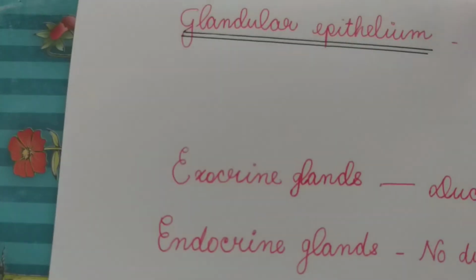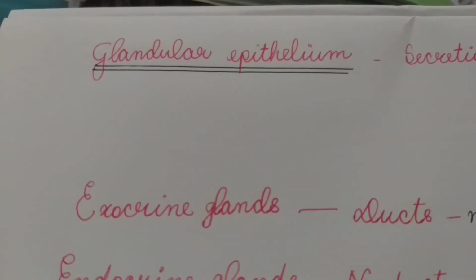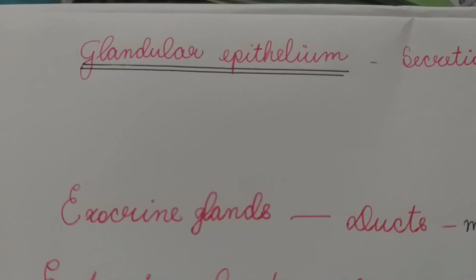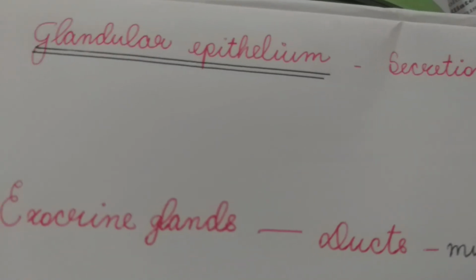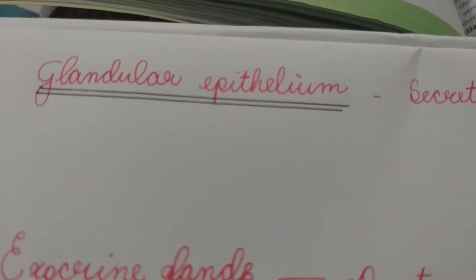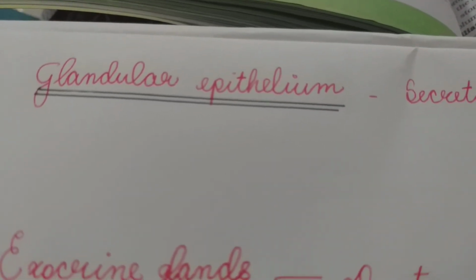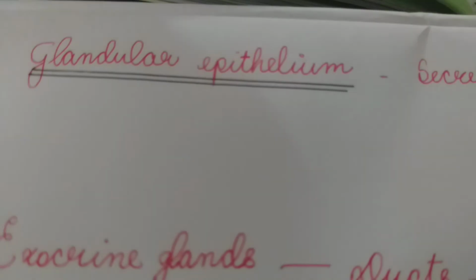Now, glandular epithelium. Sometimes in some parts of the body, epithelial tissue is modified and specialized for secretion. Their main function becomes secretion. This kind of epithelium is called glandular epithelium.